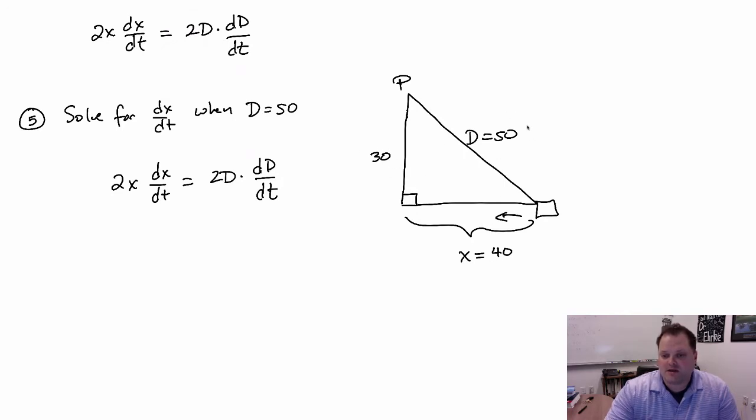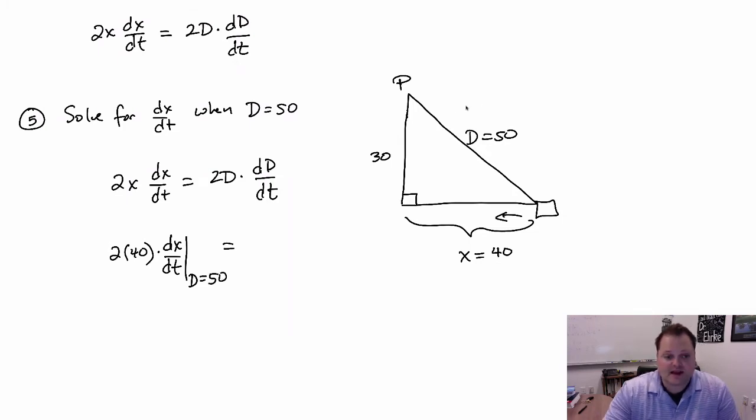So if this side is 30 and the hypotenuse is 50, I know the x length, the road length, is 40. So when d is 50, this is what the triangle looks like, which means x can be replaced with 40. dx/dt is what we're solving for. So we want to know dx/dt when d is 50.